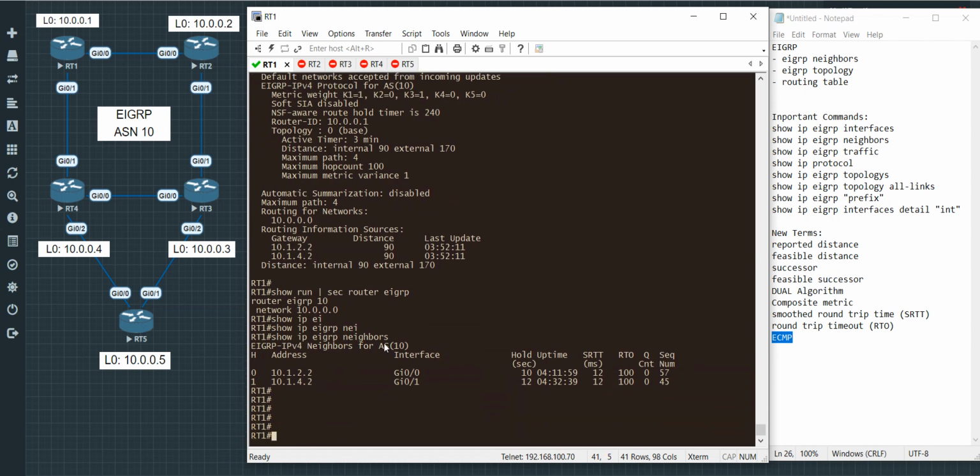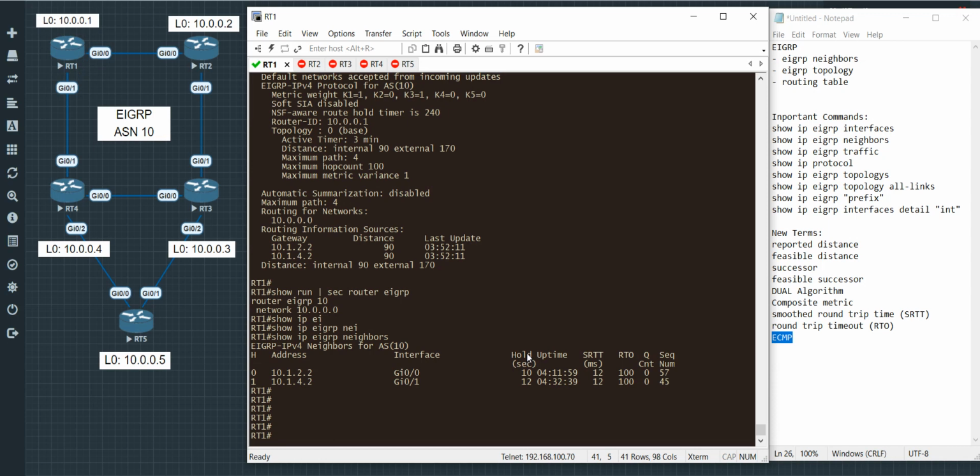If we look at this next command, the output from the command show ip eigrp neighbors gives us a little bit more details about our neighbors. Here it tells us that this particular neighbor was discovered through gigabit 0/0, and this particular neighbor was discovered through gigabit 0/1, which are our two interfaces here on router 1.